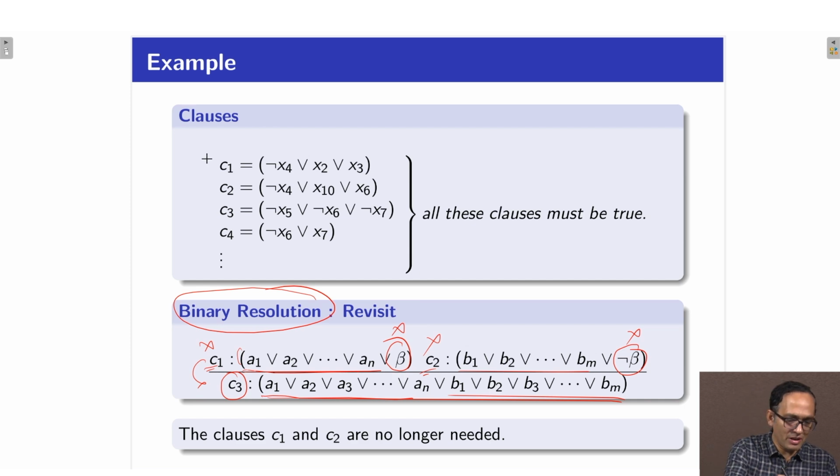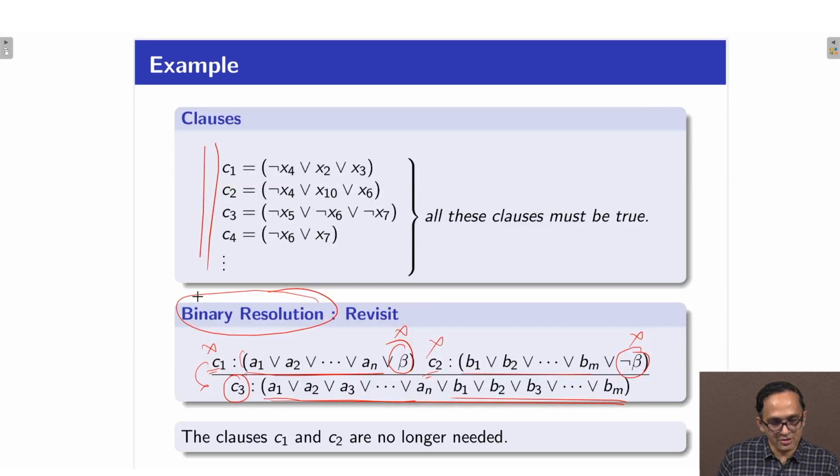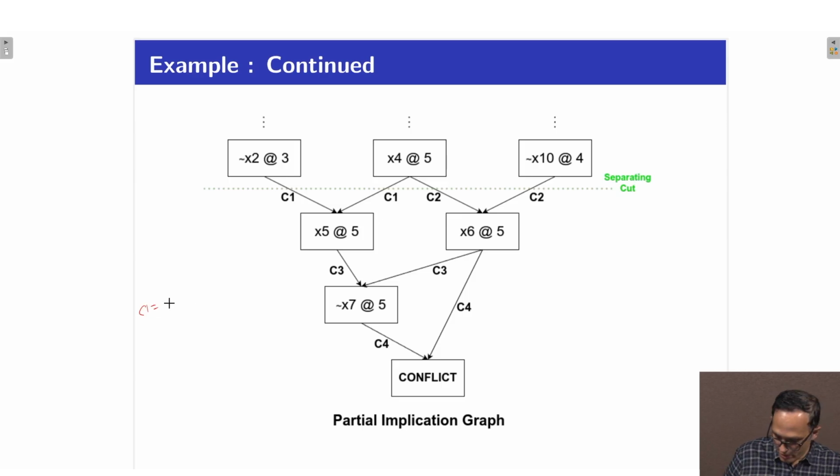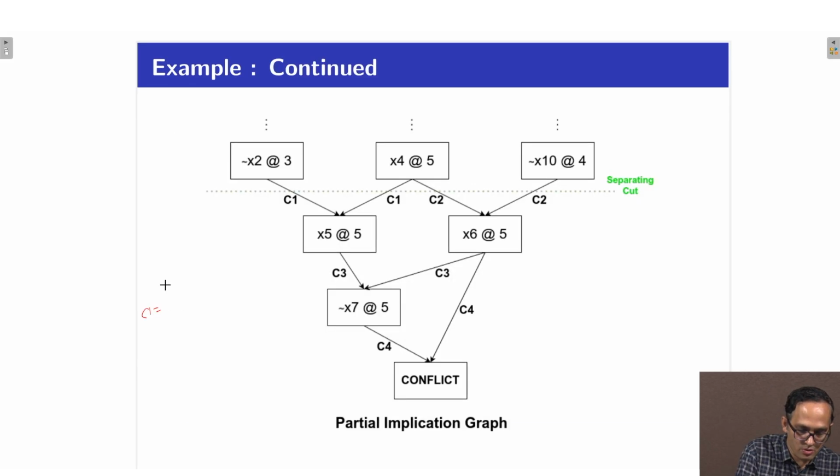Let us take a minimal example now. Let us say I have these 4 clauses which result in this conflict. Let me write down these clauses. C1 is not of x4 or x2 or x3.